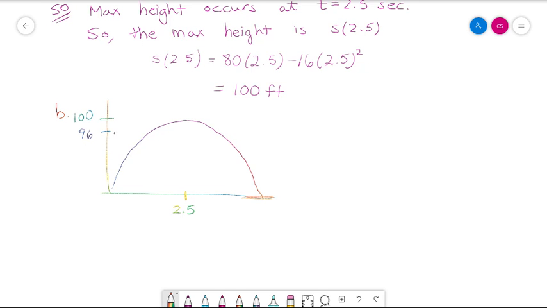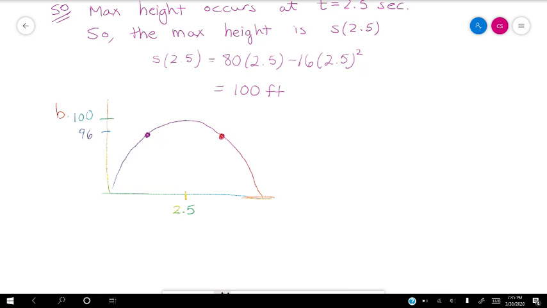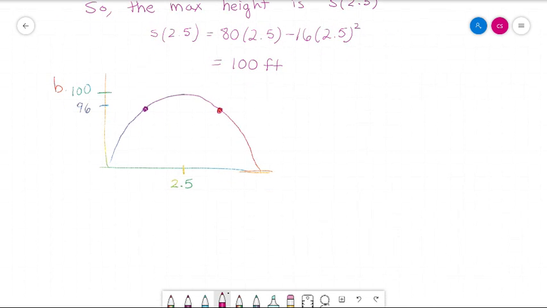So if we trace this back, they asked two questions. What's the velocity going up? And what's the velocity going down? And we should get some nice symmetry. So we'll see if our velocity mimics that. All right, so how are you going to figure this out? If we want to know the velocity, velocity is the rate of change, right?